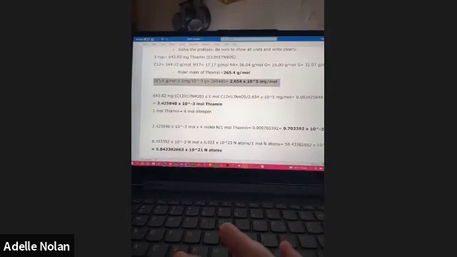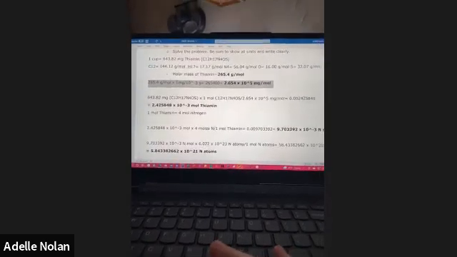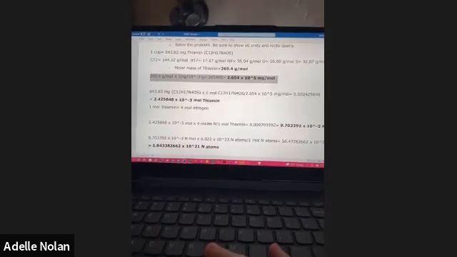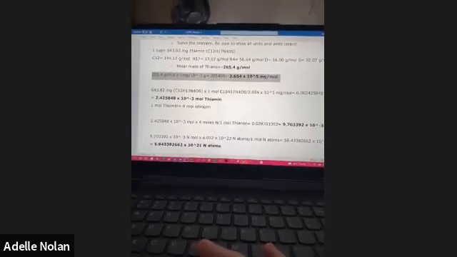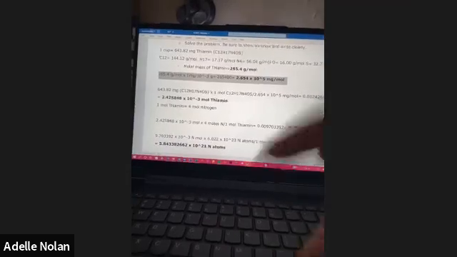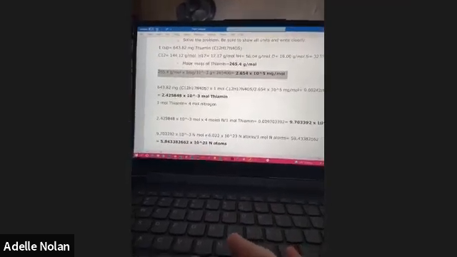So anyway, you start with the molar mass that you just solved for, which is 265.4 grams per mole. And then you multiply that by the conversion factor, which is 1 milligram over 10 to the power of -3 grams. And this is because a milligram is 10 to the -3 grams, so it's not a full gram.